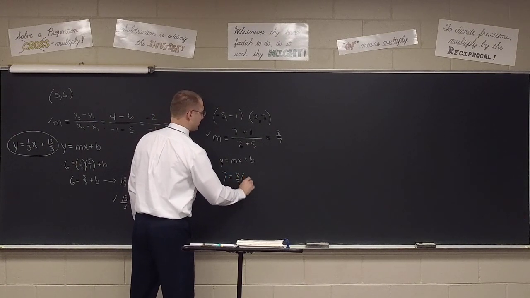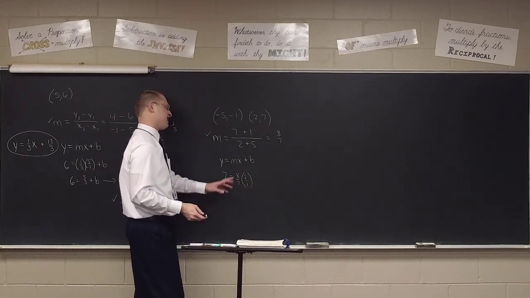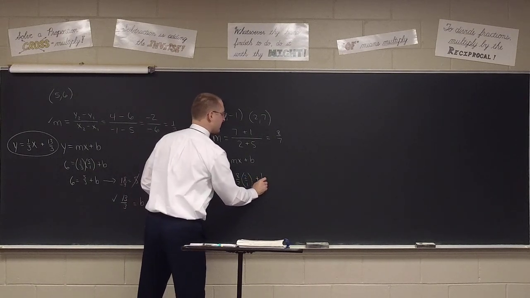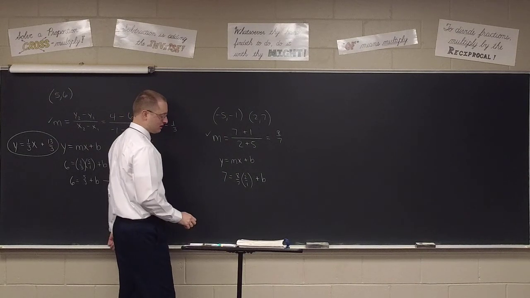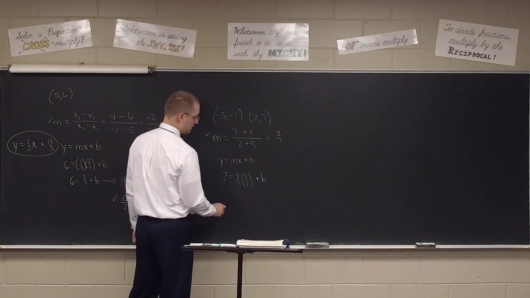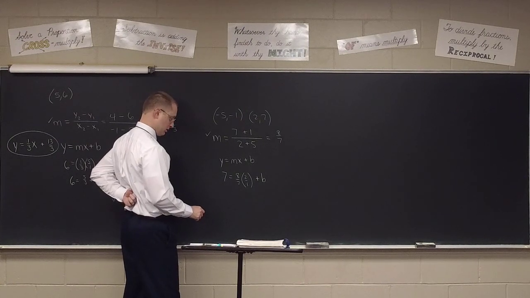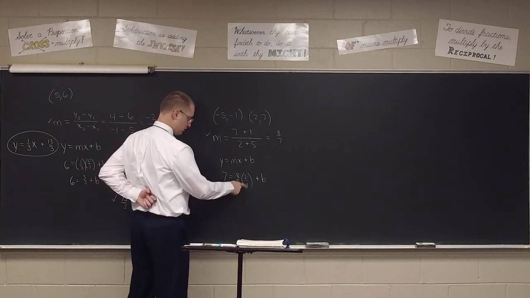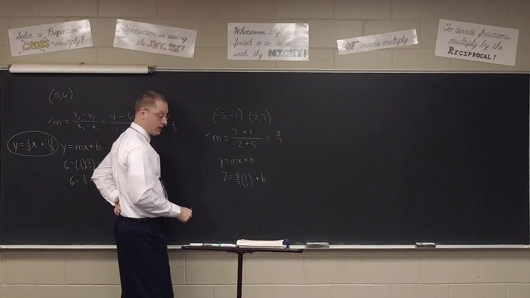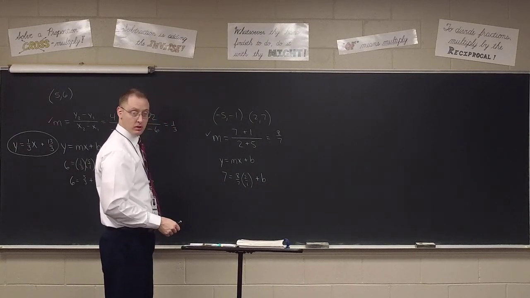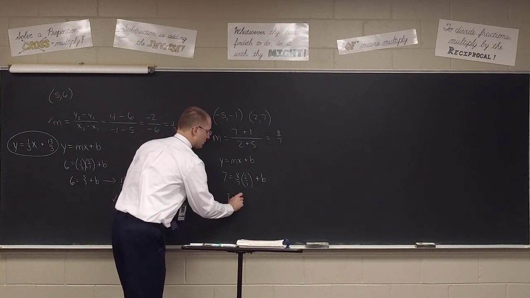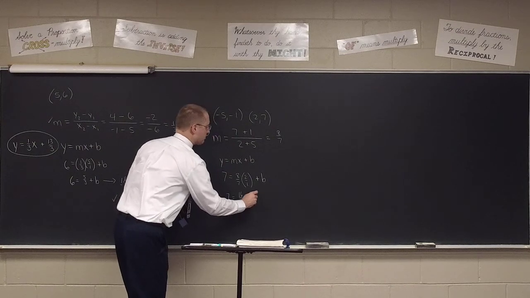Well, 8 over 7 times 2 over 1, technically, just try to keep it in order. But anyway, yes? And then you get 16 over 7. All right, so 7 equals 16/7 plus b.